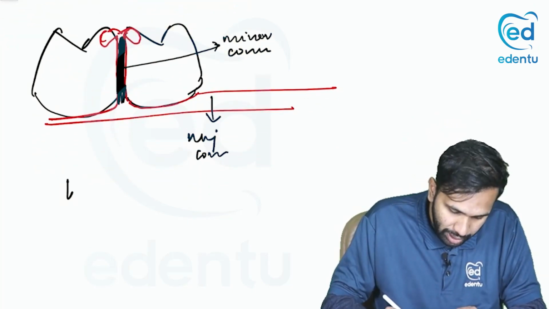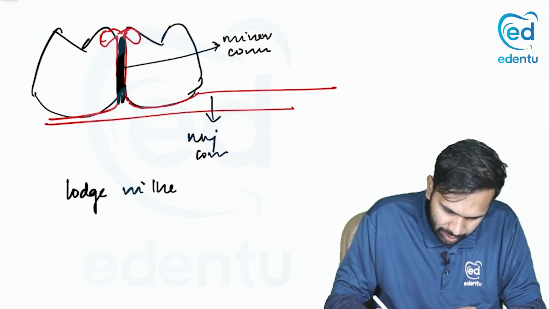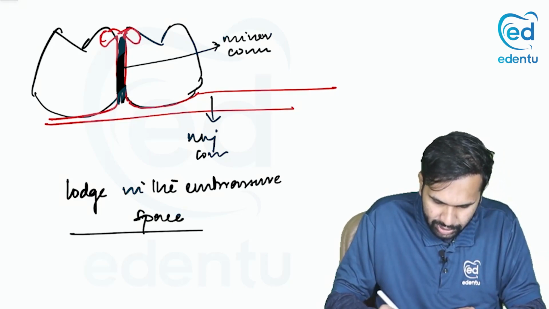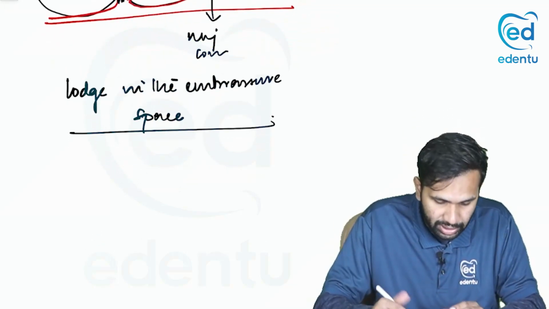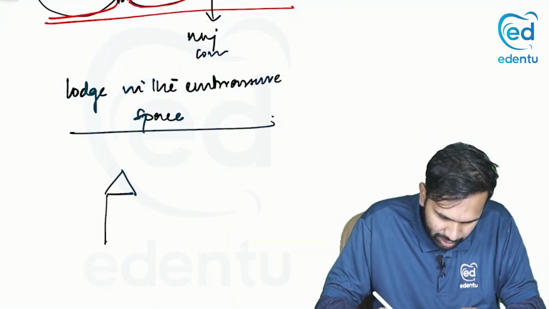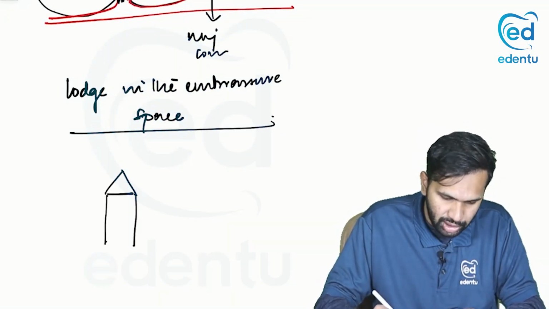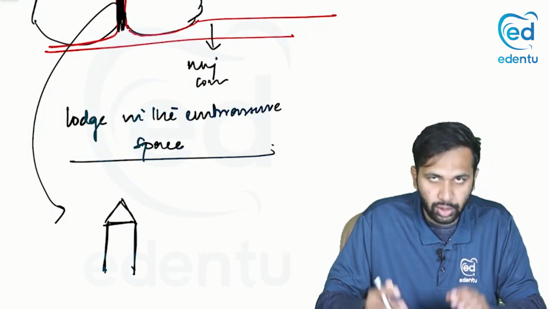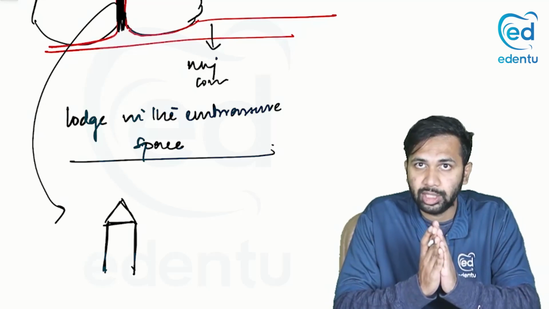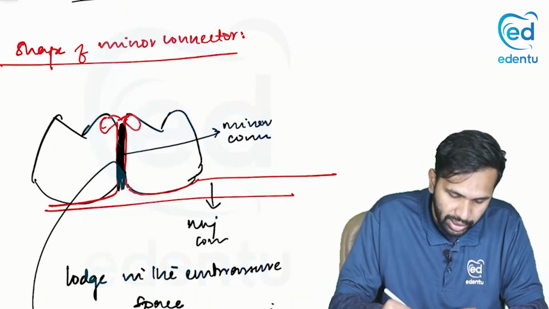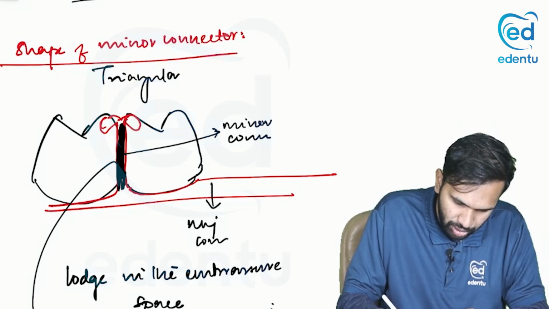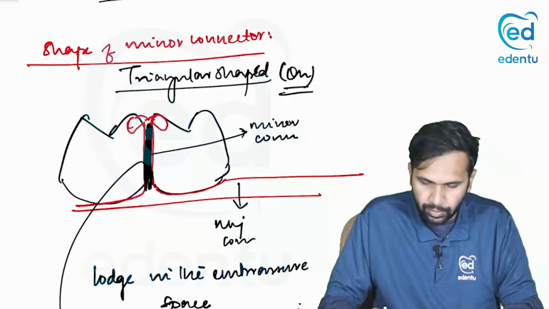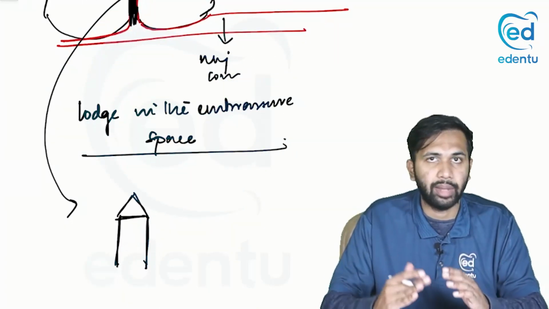So it should lodge itself in the embrasure space between the teeth. So it should have a triangular surface like this, so that it can fit tightly into the interproximal space. So the shape of this minor connector is triangular. Majorly, it will be triangular shaped, a previously asked question. Alright, so with this, we have come to the end of your minor connector discussion.